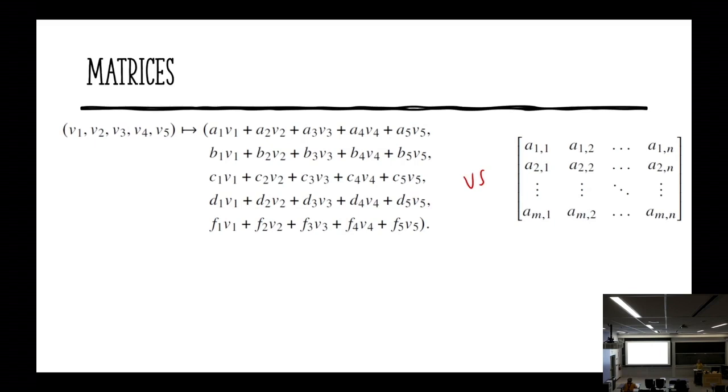It doesn't have a numerical value itself. This is a general case for m rows and n columns. When the number of rows equals the number of columns, we call it a square matrix, and most of the matrices we're going to consider in quantum information are square because those correspond to linear transformations.